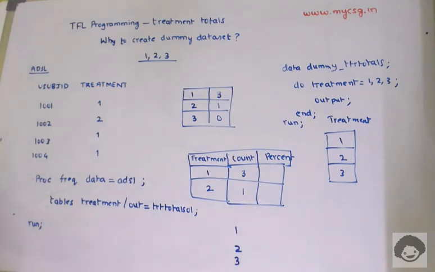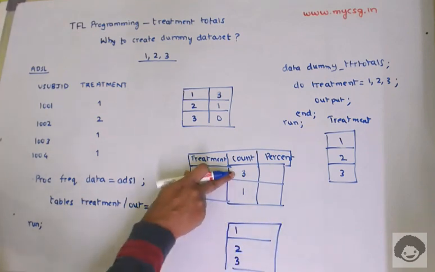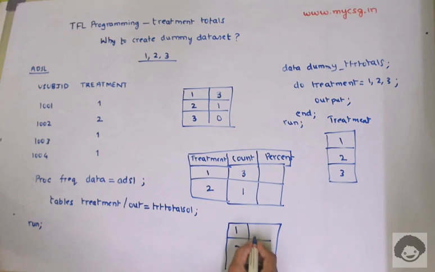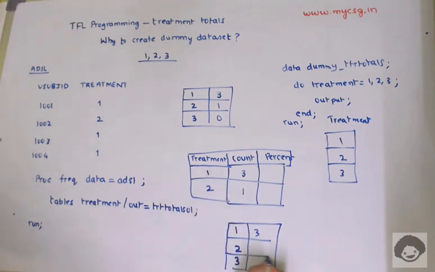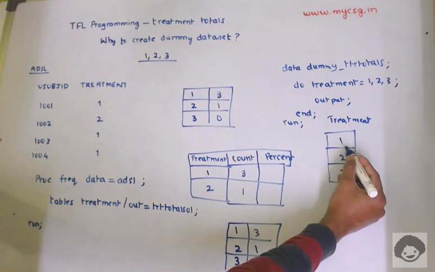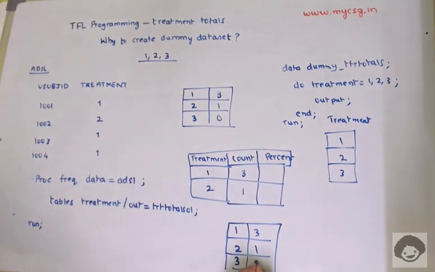For 1, the count variable is 3, and for 2 we have 1. When we do this merge, we get this data. But if a treatment is only present in the dummy data set and not in the actual data set, we have assigned its count as 0. For this purpose we create this dummy treatment totals data set and merge it with our actual counts data.